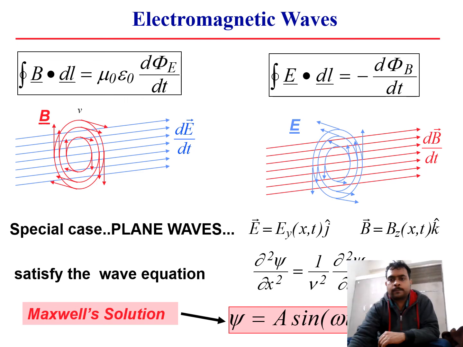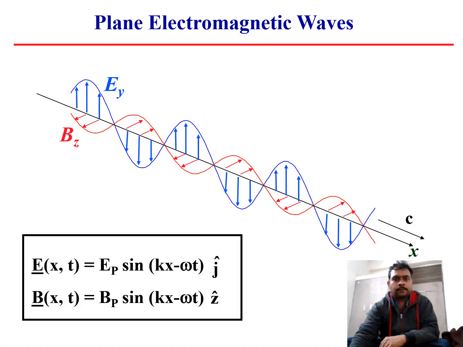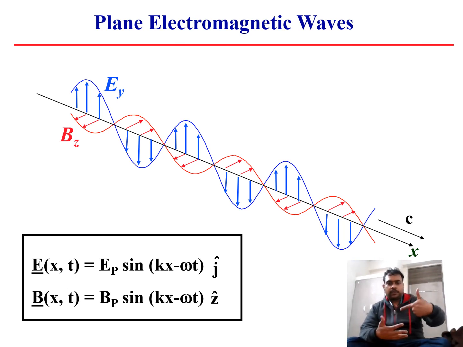They follow Fleming's left-hand rule generally. If my electric field is along the y-axis and my magnetic field is along the z-axis, then my wave propagation will be along the x-axis. So it follows a right-handed coordinate system.